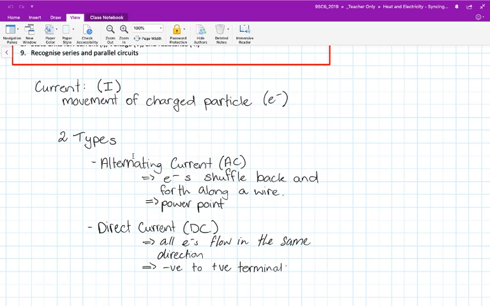An example of one such device that uses a direct current might be a battery, say a battery that you've got in a torch.